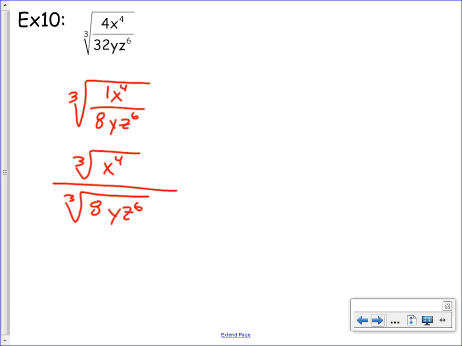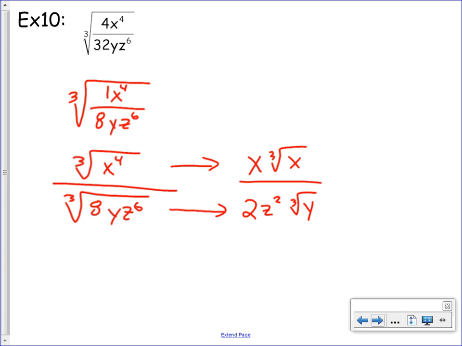What's this one? x cube root of x at the top. Cube root of 8, 2. And then cube root of z to the 6 is z squared, but we have a cube root of y still to contend with.